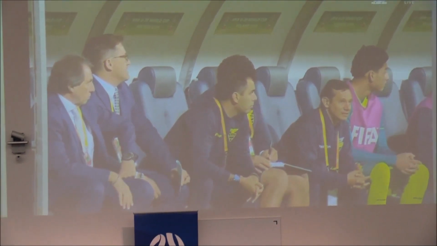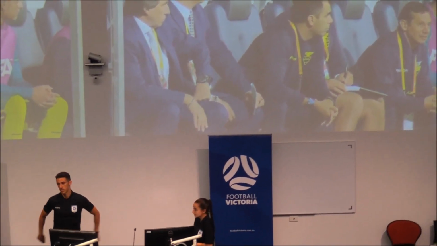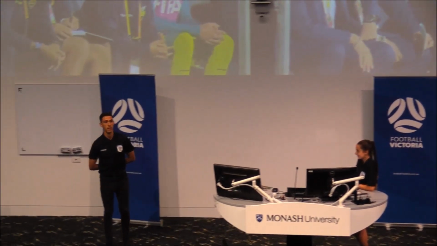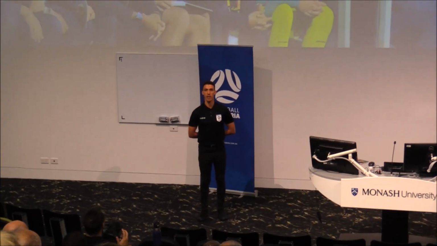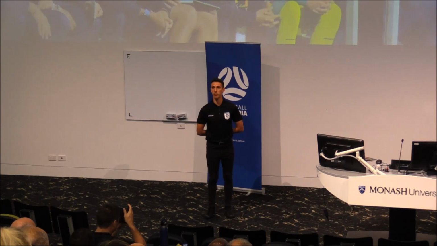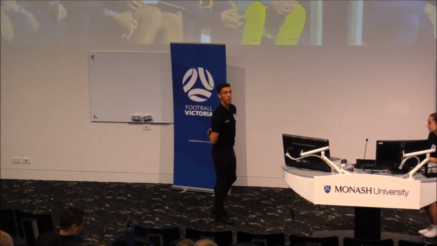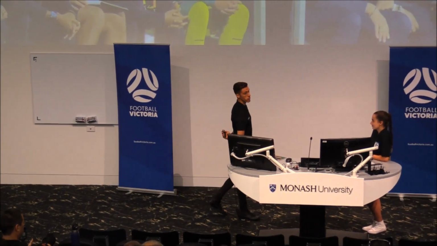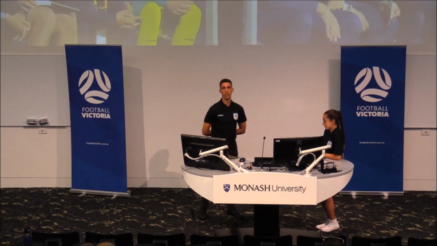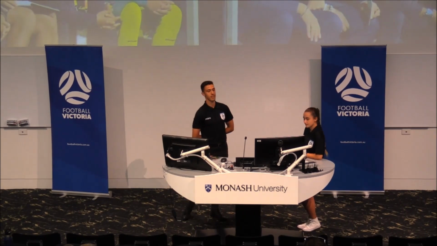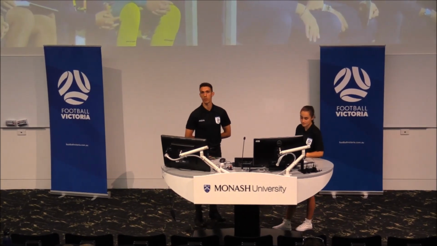And accepts it. How good is this? How good is that to see a match official willing to accept a caution with his hand behind his back because he knows he did something wrong? Okay? So use this tool. Get the assistance from your fellow officials.